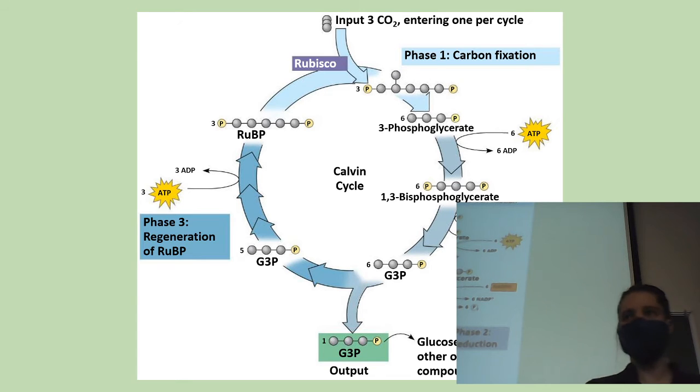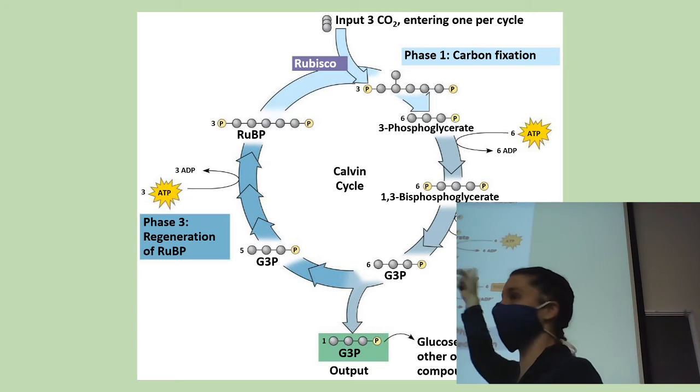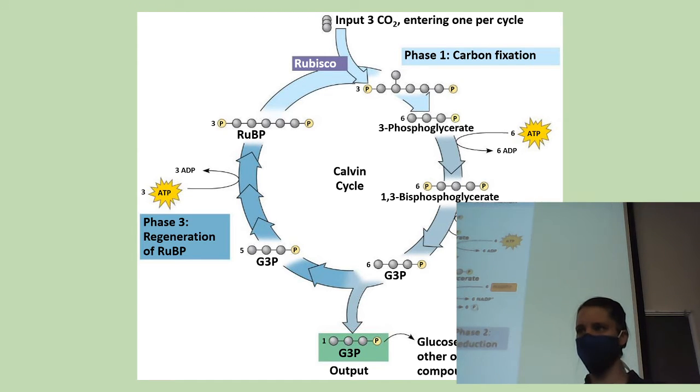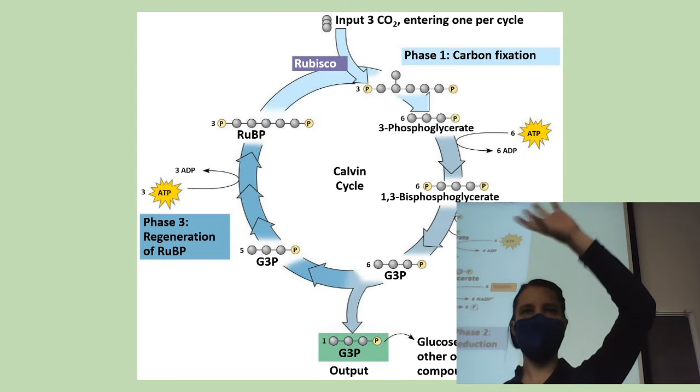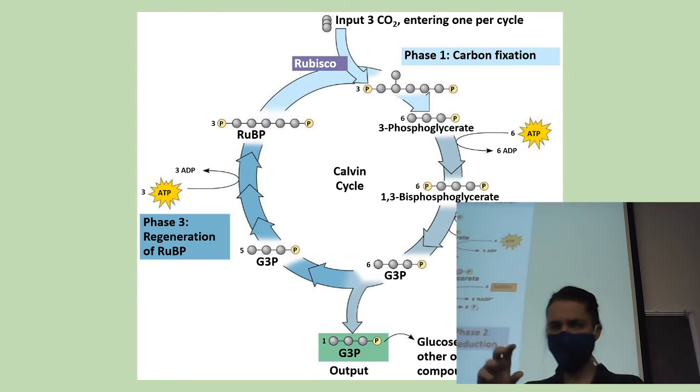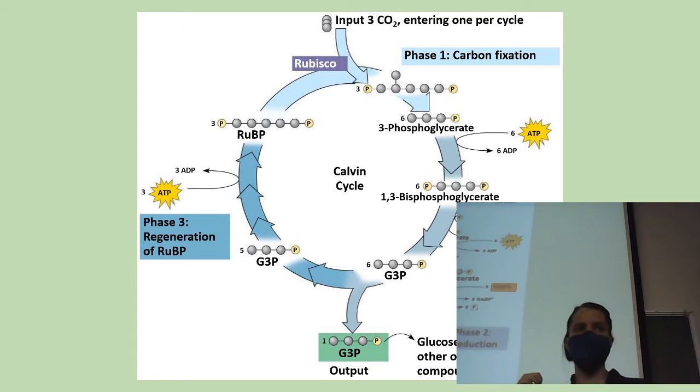You need to put everything back so you can start the cycle again. We're okay with this conceptually, right? Carbon dioxide's coming in. You're spending some energy to rearrange everything. You're getting this G3P sugar out. You put everything back to be ready to go for the next cycle. Yeah?